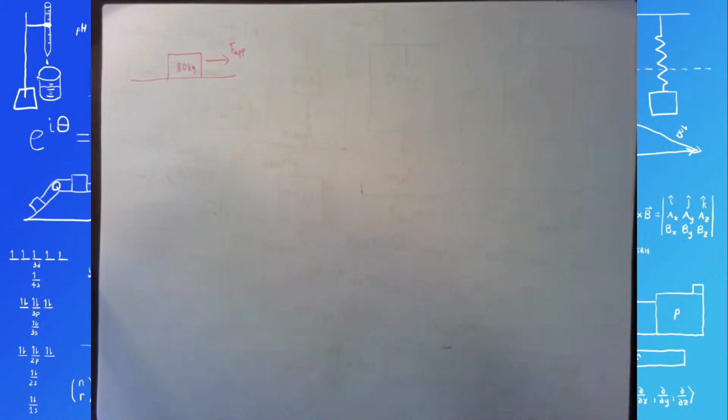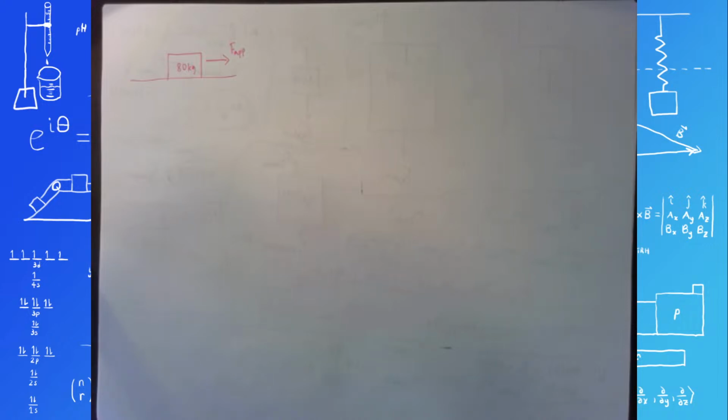A person physically pushing on a box is just creating a normal force between their hand and the box perpendicular to their hand. So their hand is going to be vertical and the normal force is going to be perpendicular to that, so horizontal. But we'll call it an applied force for convenience's sake.